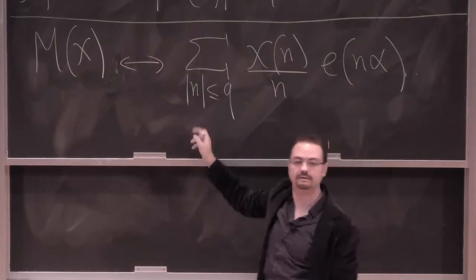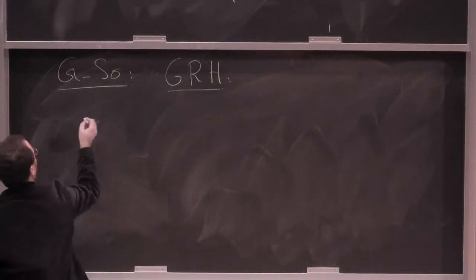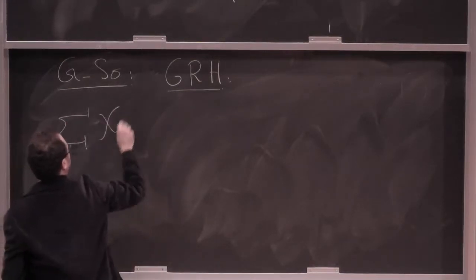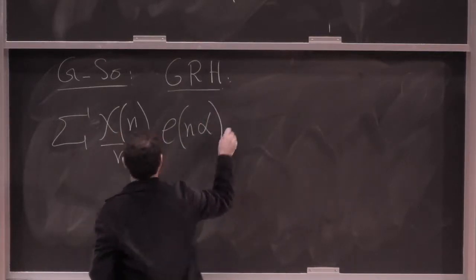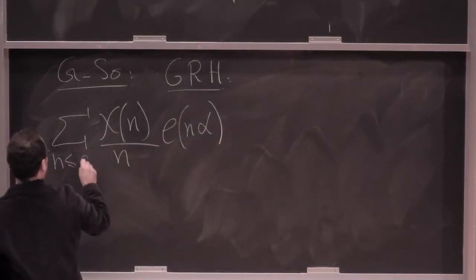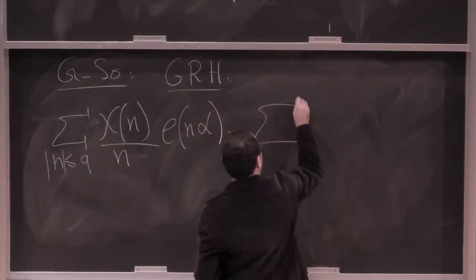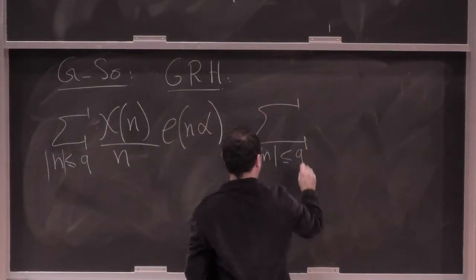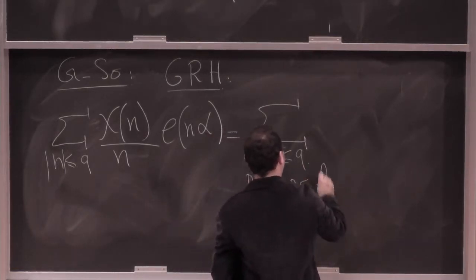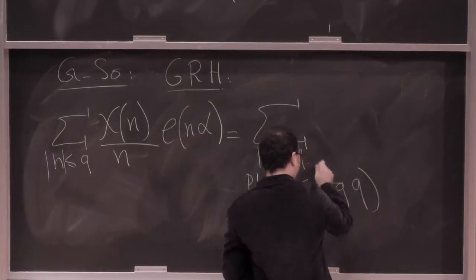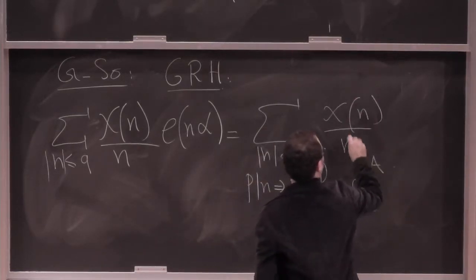So we can approximate the sum by a sum over smooth numbers, or friable numbers, and this is true for all alpha, up to q. So p divides n implies p is really small, something like a power of log of q.